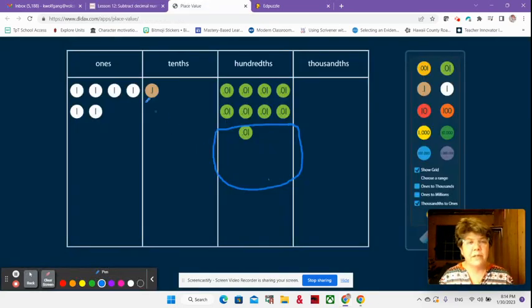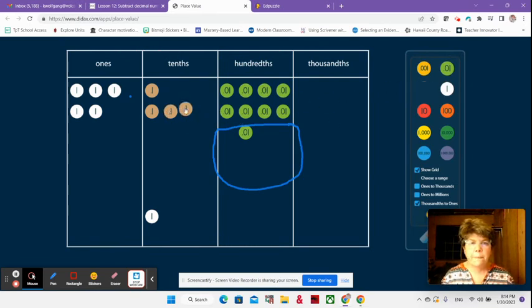Let's look at it with place value. Take one of my ones over here, and now I'm going to have 10 tenths. 1, 2, 3, 4, 5, 6, 7, 8, 9, 10.